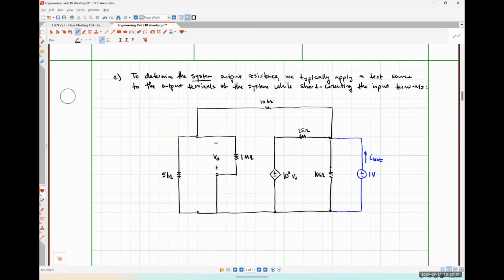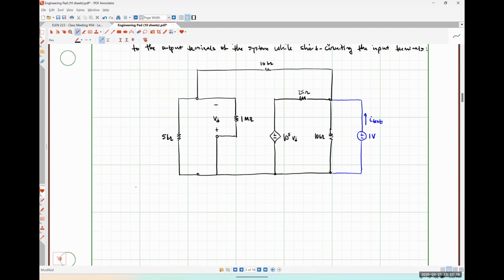So since the voltage at my output terminal is now known, it's literally just 1 volt, I really only have to apply KCL at my inverting input node, and then I'll be able to sort everything out, right? So KCL at my inverting input, sorry, let me label these. That's V plus, that's V minus.